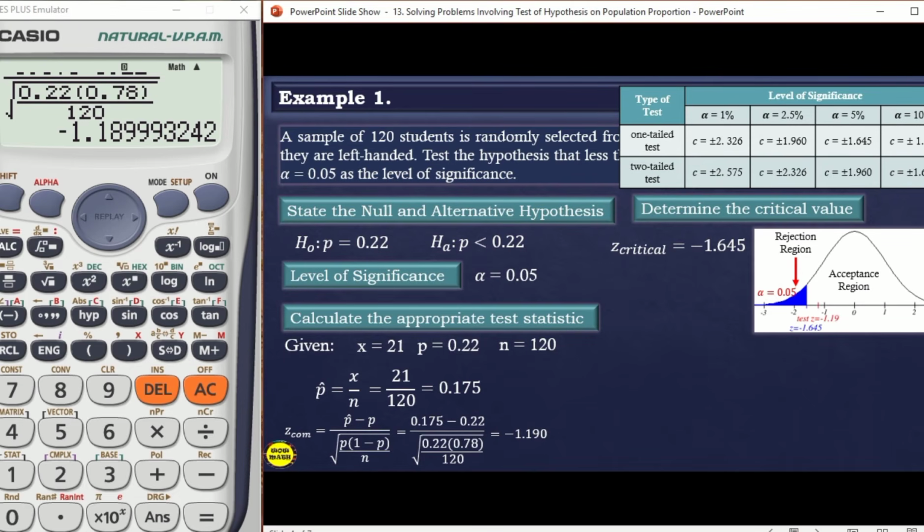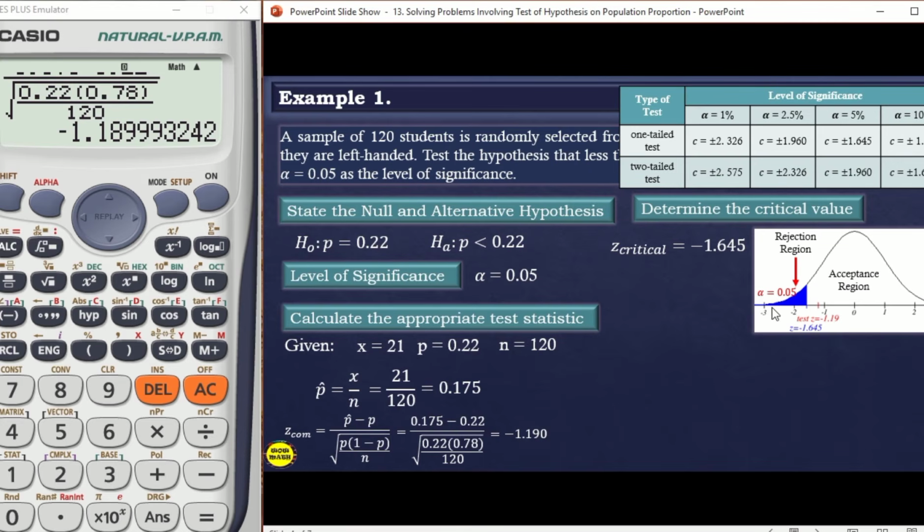Gamit yung graph natin, makikita natin kasi yung critical value natin, class, siya yung boundary between the rejection region and the acceptance region. So itong blue na line na to, ito yung critical value, so that is negative 1.645. At kung napapansin nyo, class, nandito sa left side yung graph natin since left-tailed test to kasi less than.